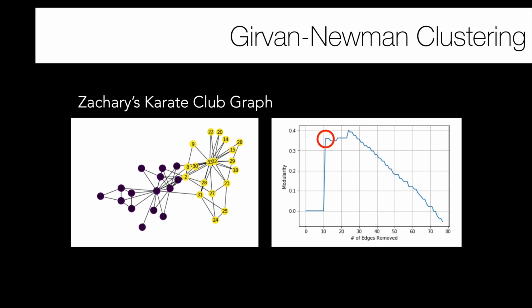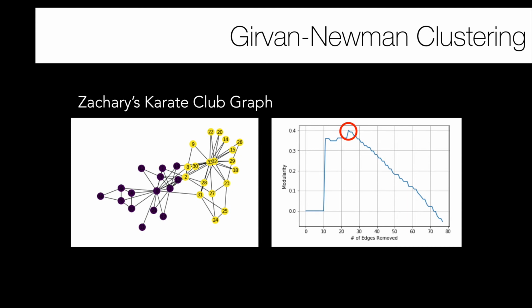So after the first 10 or first 11, I guess, we see a rapid peak. But if we keep removing these edges, then we see some secondary peak here after about 25 or so edges. And then after that, we see a gradual degradation of modularity for the rest of the edges that we remove.